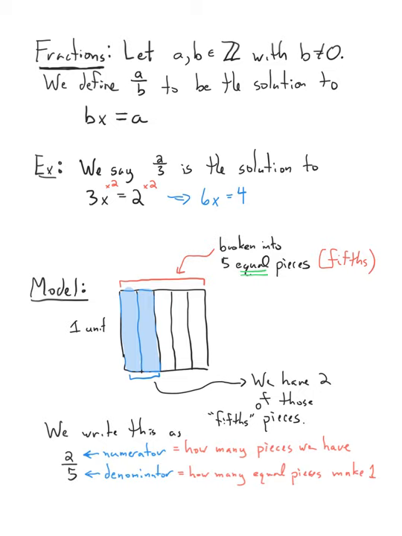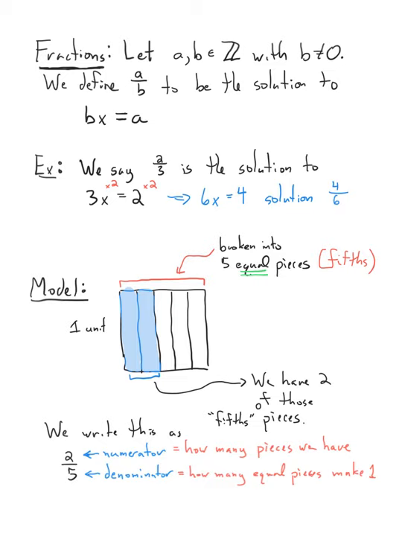But reading off what fraction comes from this solution, well, our a in this case is 4, because our a is what it equals, and our b is 6. So the solution to this is 4/6.